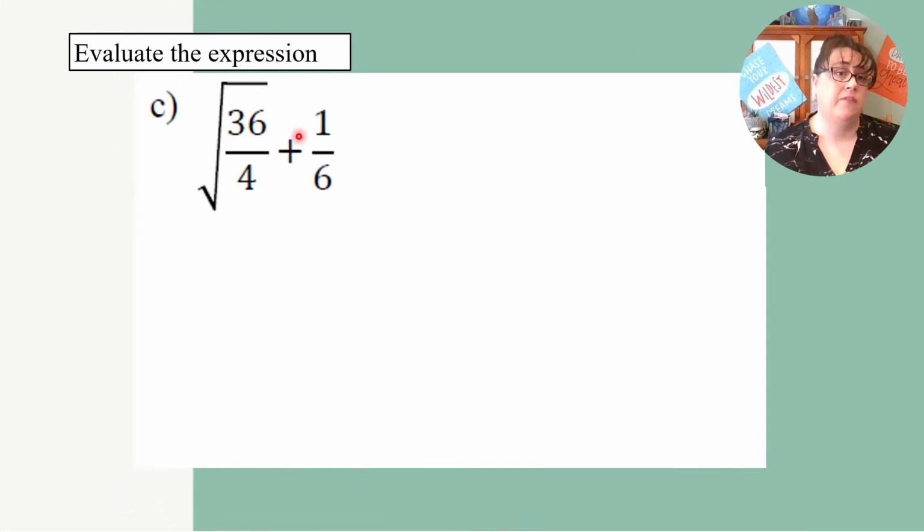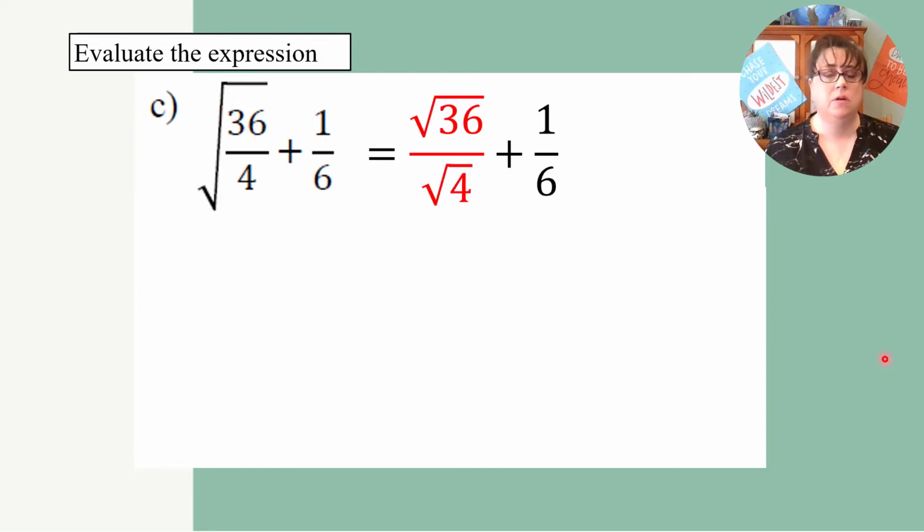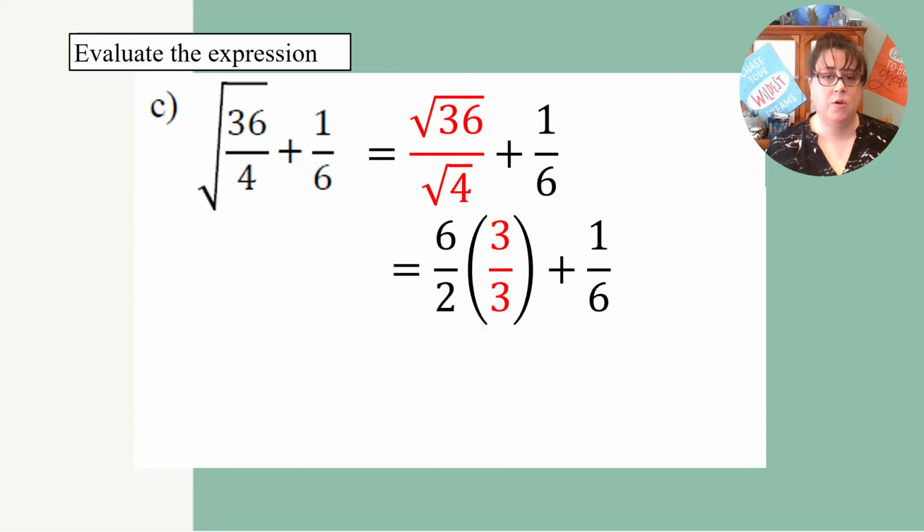On C, we have to remember, what do we do when we see a fraction inside of a square root? We can break this into the square root of 36 over the square root of 4. The square root of 36 is 6, and the square root of 4 is 2. Then we need to find common denominators. I'm going to multiply 6 halves by 3 over 3, so that I have 6ths.